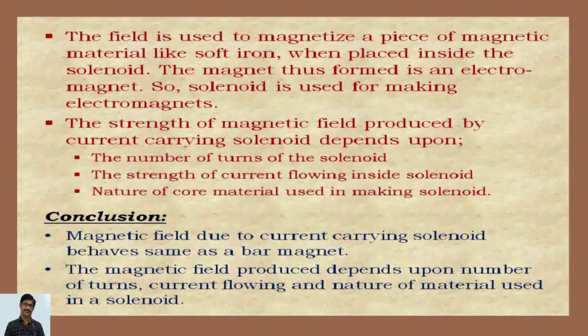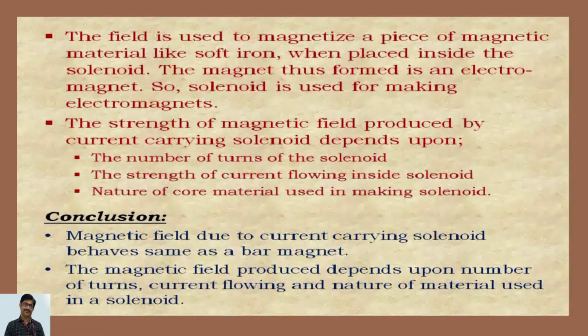Dear students, note the arrangement of current carrying wires from the beginning, see how things are moving. Initially we took a current carrying conductor, which produces a magnetic field around it. A current carrying straight wire produces magnetic field lines which are concentric circles.